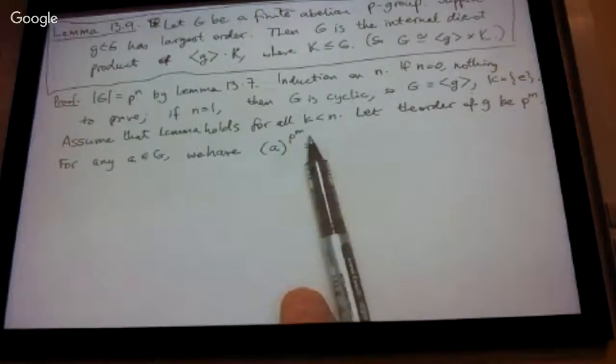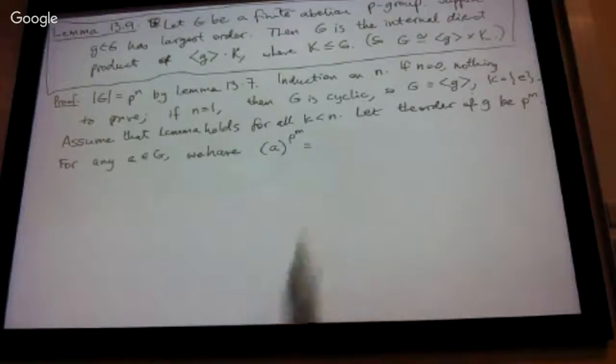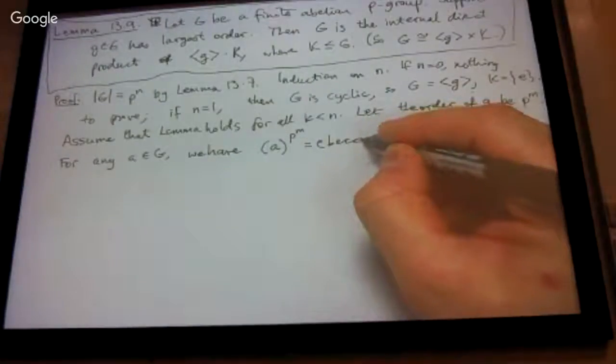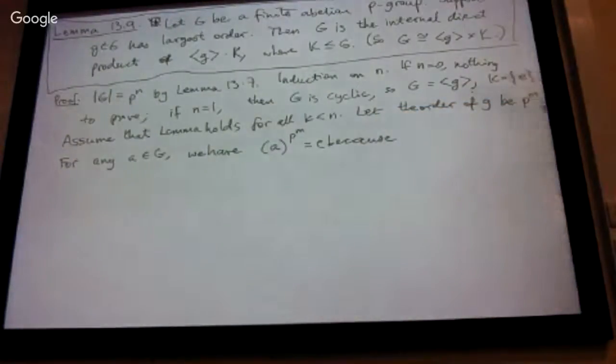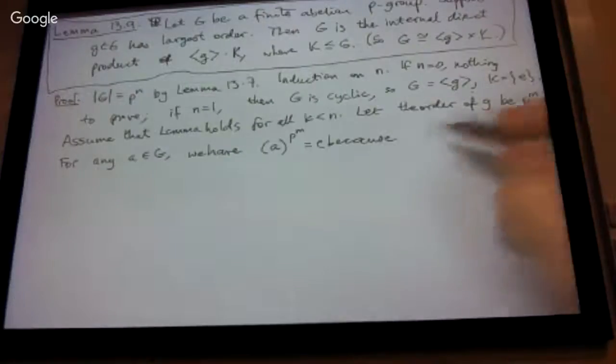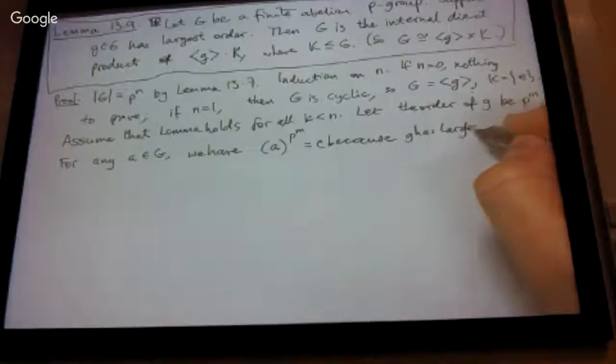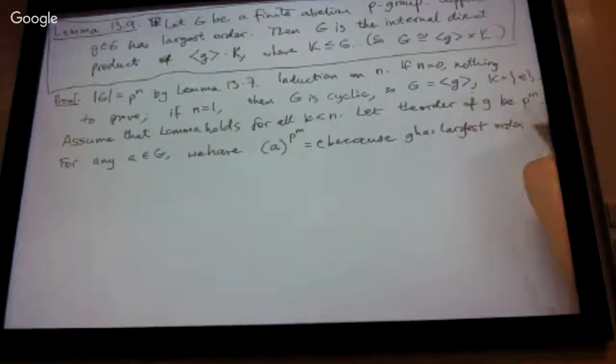So if I raise it to the p^m, I always get the identity, because g has the largest order. It's the largest possible order in the group.